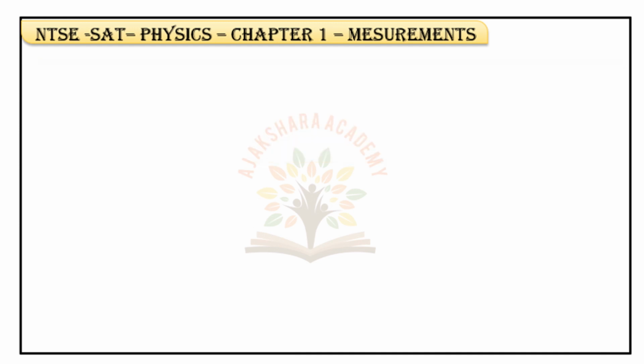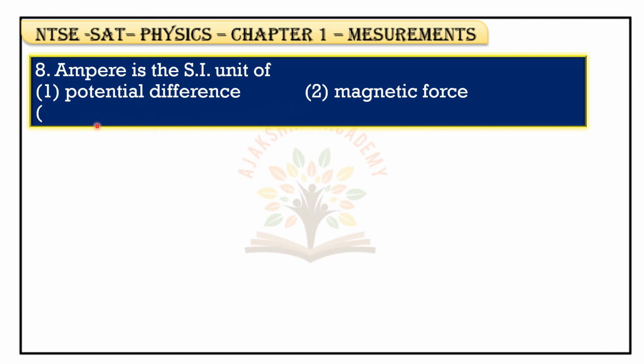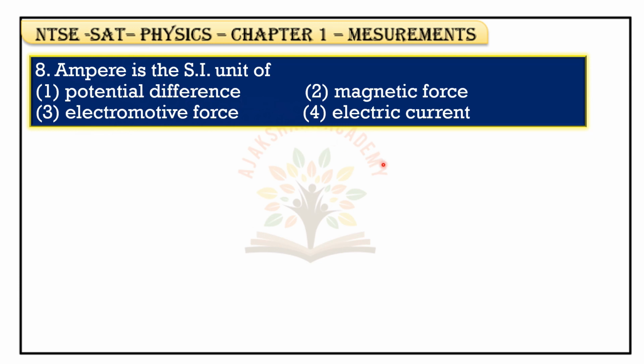Next, ampere is the SI unit of potential difference, magnetic force, electromotive force, electric current. Here ampere is the SI unit of electric current. So electric current is measured in amperes.